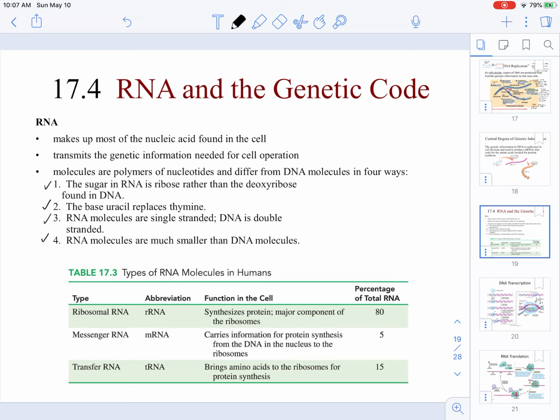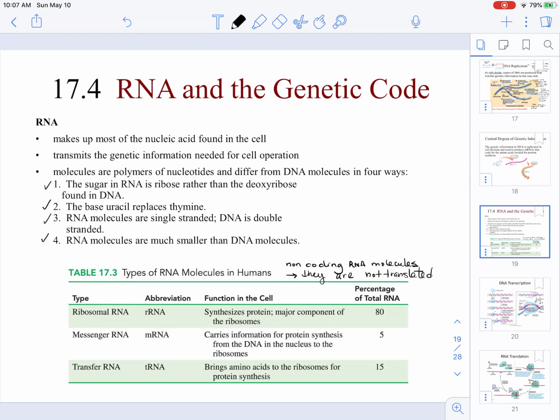There are a number of RNA molecules present inside the cell, but we are only going to focus on the ones in table 17.3, which are the types of RNA molecules found in humans. Some of these RNA molecules are called non-coding RNA molecules because they are not translated.